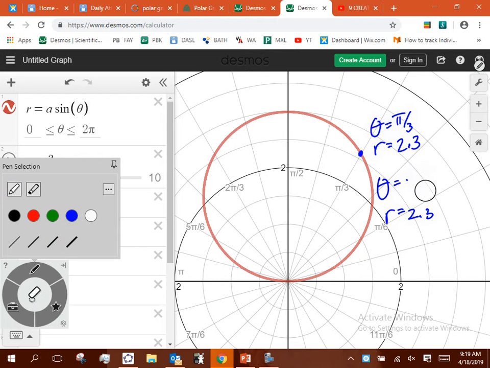x-axis symmetry here. But if I tried theta equals 2 pi over 3, that should give me r to be 2.3 again. Does that make sense? Should give me that point right there. What does that tell me? I have y-axis symmetry, right? So that's kind of a check, if I'm looking at a graph and I'm not sure by the nature of the expression provided whether it's going to be y-axis or x-axis symmetry, I could do something like that.